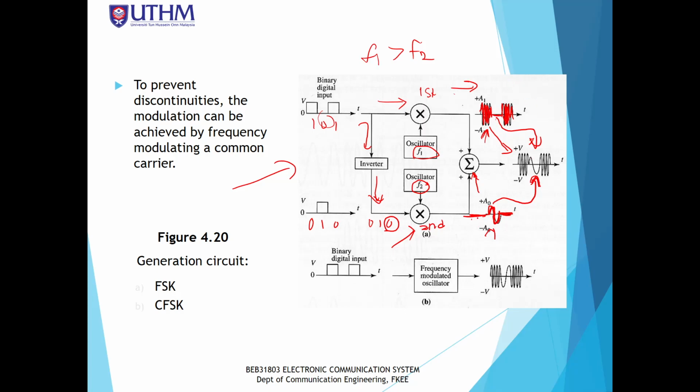And then you see that for the third bit time, pada masa bit yang ketiga, the second modulator produces 0 output, whereas the first modulator produces an output like that. It has the output switched on. So this will go to the third bit time.